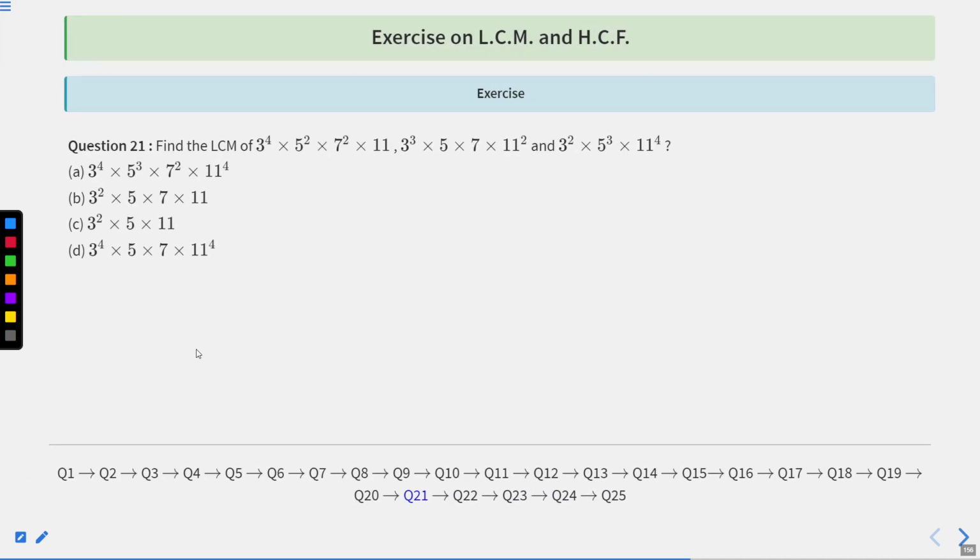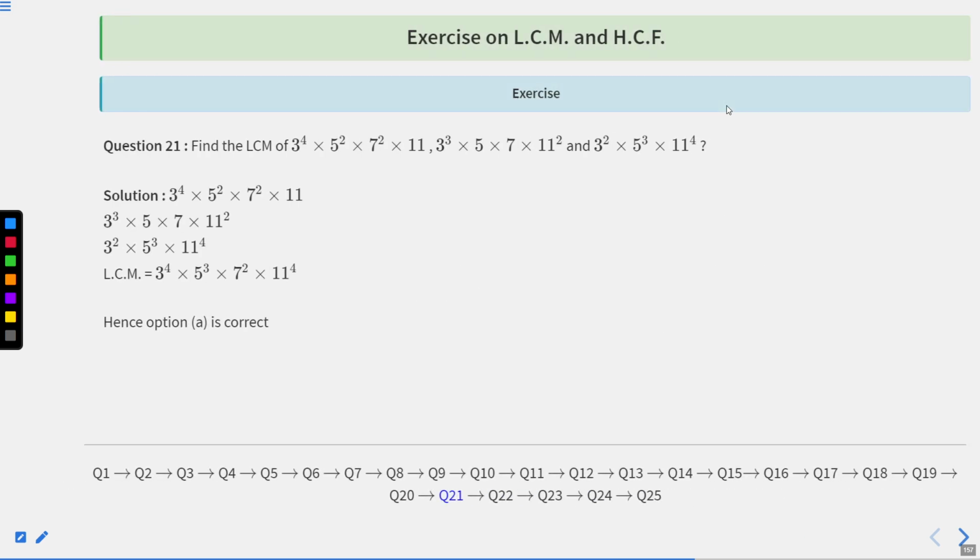Question number 21. Find the LCM of 3 to the power 4 into 5 square into 7 square into 11, 3 cube into 5 into 7 into 11 square, and 3 square into 5 cube into 11 to the power 4.